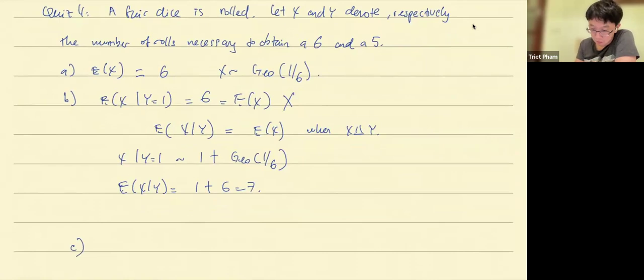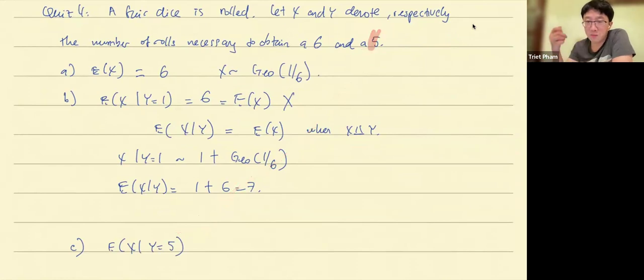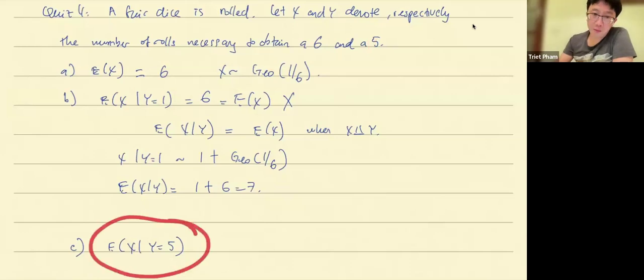Now, to demonstrate that again, it's not as straightforward as it seems. The third question asks for this. And I think this 5 is coincidental. It has nothing to do with that 5. It might as well be a 1 or 2. It doesn't matter because the dice is fair. But how would you compute this?